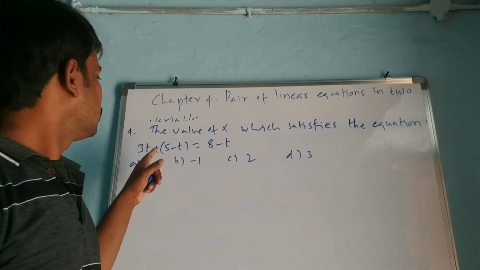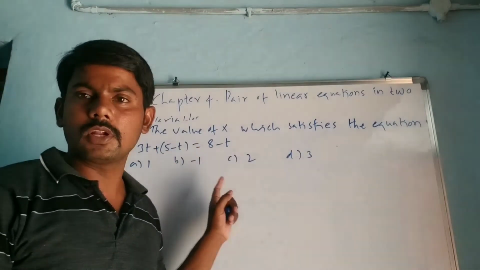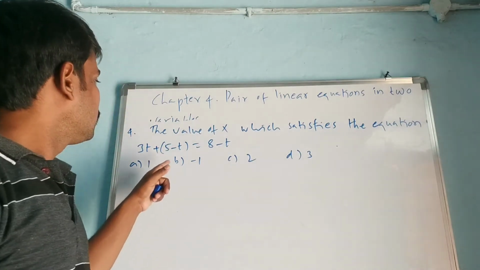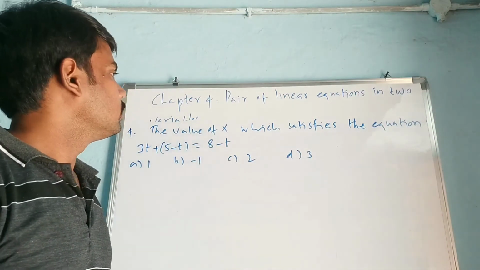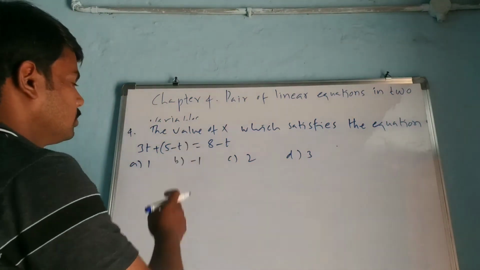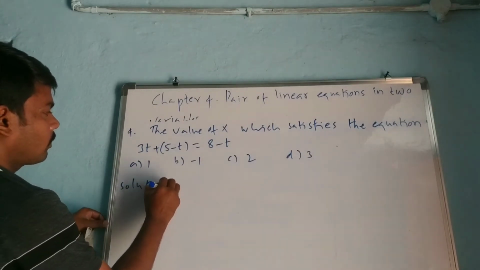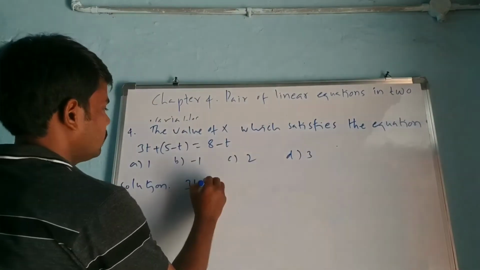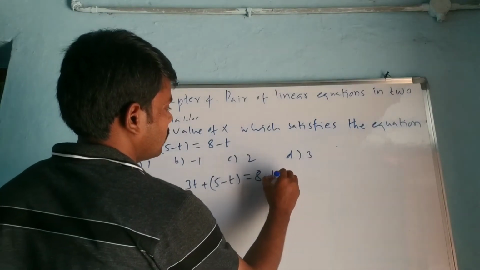Clearly it is an equation in one variable. That's why we call it a simple equation or linear equation in one variable. So let us find the solution. 3t plus 5 minus t is equal to 8 minus t.